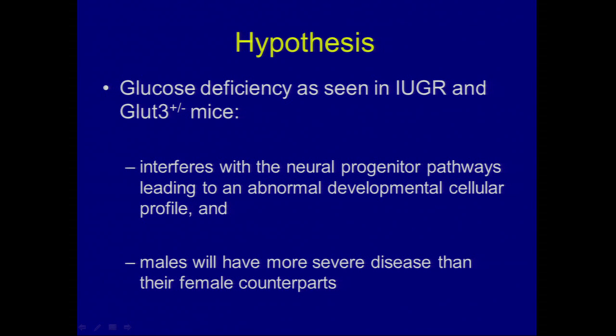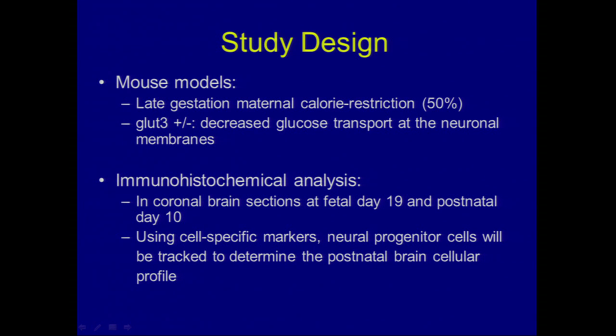So our hypothesis is that glucose deficiency, as seen in IUGR and GLUT3 heterozygous mice, interferes with neural progenitor pathways, leading to an abnormal developmental cellular profile, and that males will have more severe disease than their female counterparts. For our study design, we used two mouse models that have been established in our lab. One is a late gestation maternal calorie restriction of 50%, and the other is a GLUT3 heterozygous mouse model, which we know has decreased glucose transport at the neuronal level.